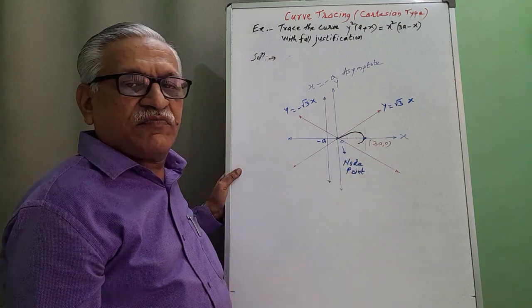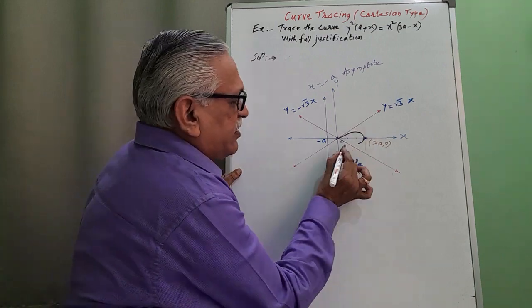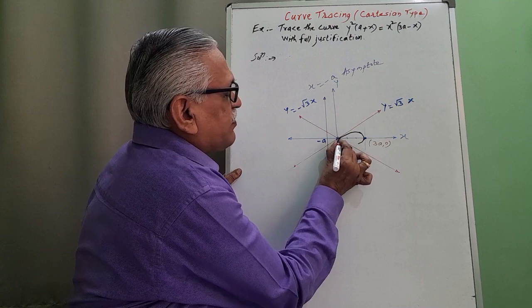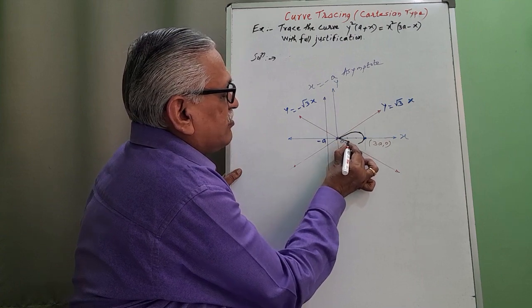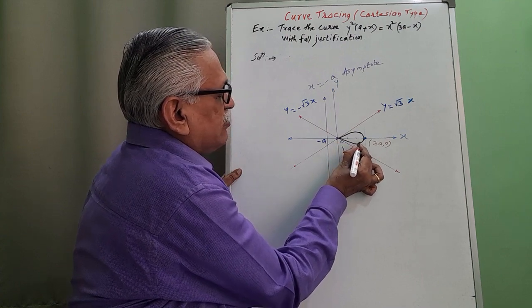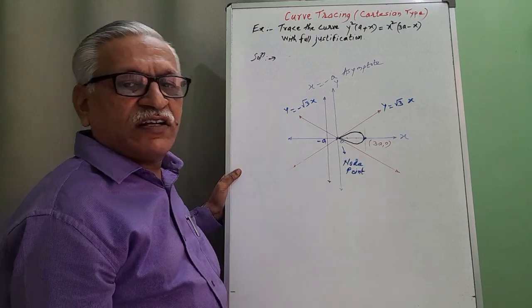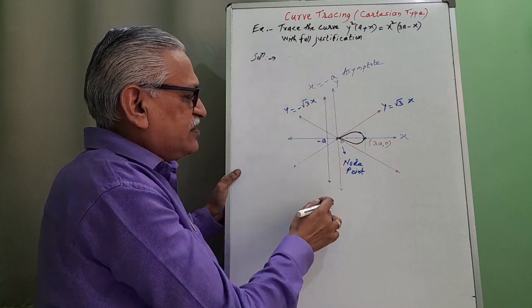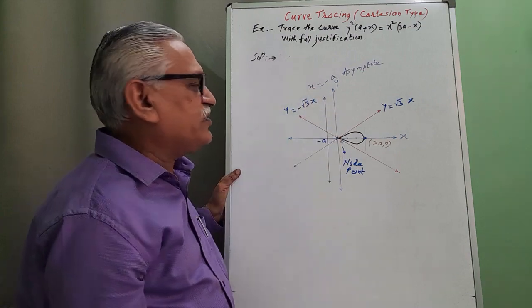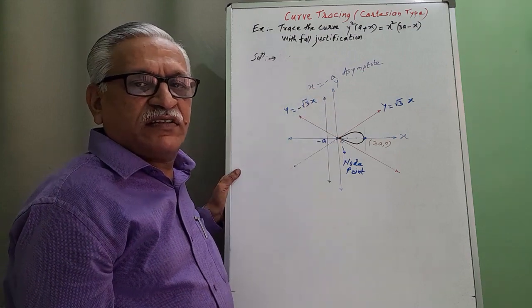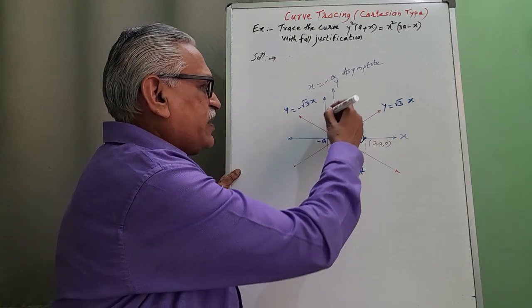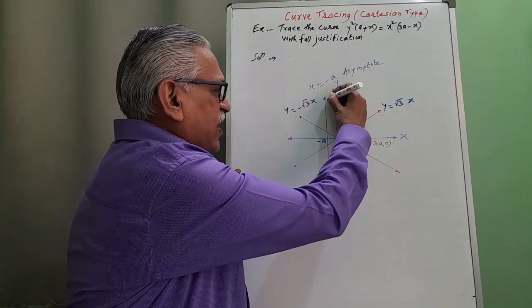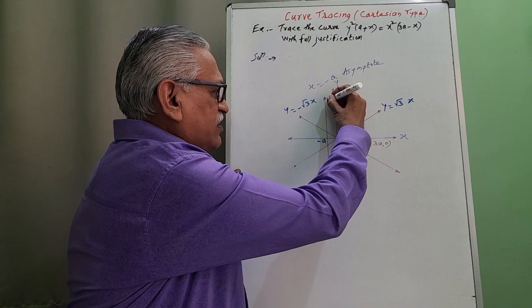We get this part. Symmetrical part about x-axis, I will show that symmetrical part about x-axis. We get a loop. Then on this side, this line is the asymptote, means it is a tangent at infinity. And to make it tangent at infinity, a part of the curve we have to draw parallel to that asymptote.